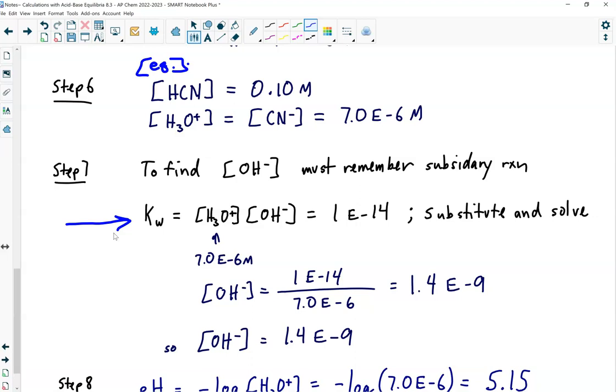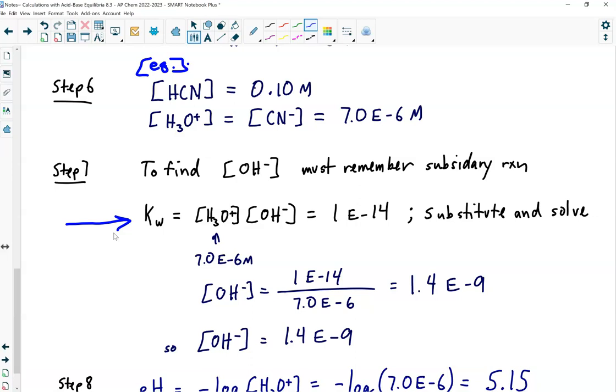But now this is kind of like a common ion thing, right? You substitute this concentration of H3O, because it's no longer 1 times 10 to the negative 7. It's 7 times 10 to the negative 6. And that's going to cause the hydroxide ion concentration to go down to 1.4 times 10 to the negative 9.